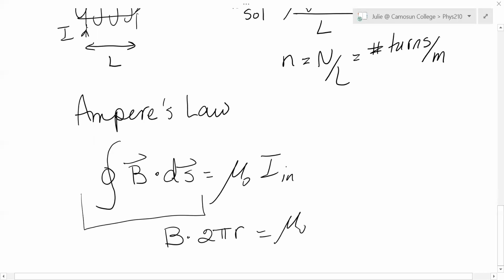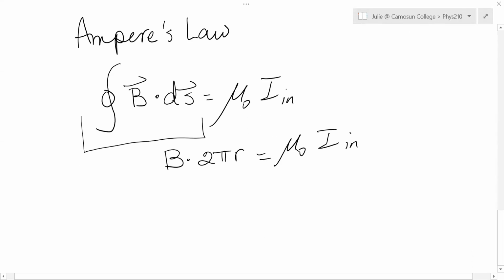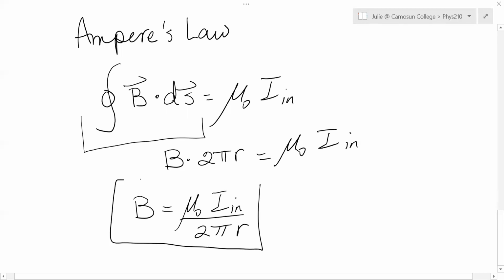And that's going to be mu naught I in. And so the working form of Ampere's law, similar to the working form of Gauss's law, is B equals mu naught I in over 2 pi r. Okay, so that's really what we're going to be using. And we only do situations where we have straight pieces of wire. You go inside the wire, you go outside the wire, uniform current density, non-uniform current density. And I've done videos of all of those. Okay.